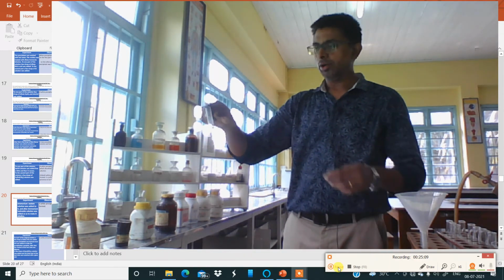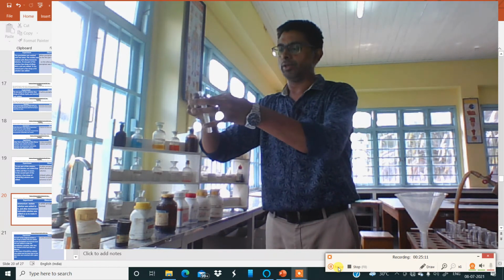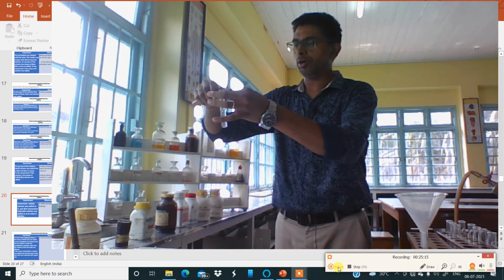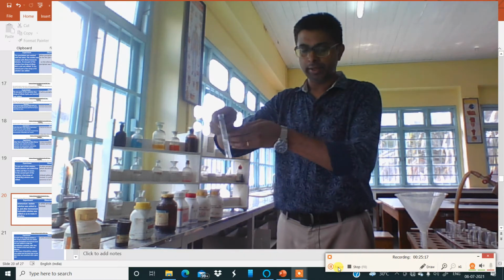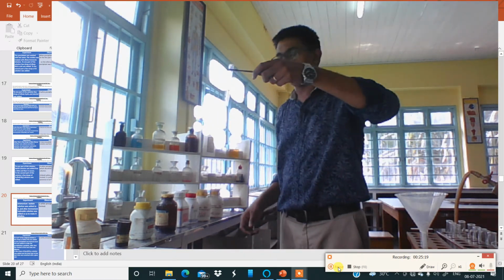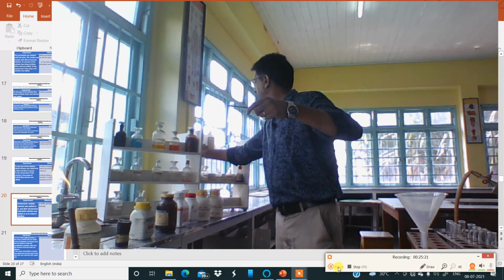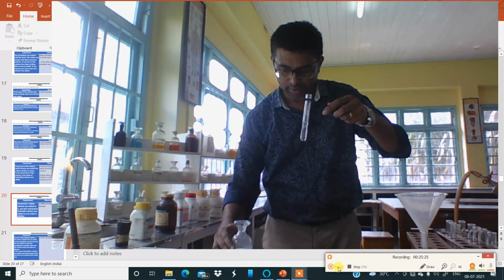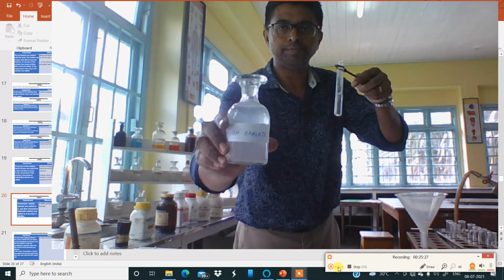Now I will allow it to cool down a little bit. Now to this I will add first ammonium oxalate solution. Ammonium oxalate has been prepared beforehand by me, and it is kept in a reagent bottle.